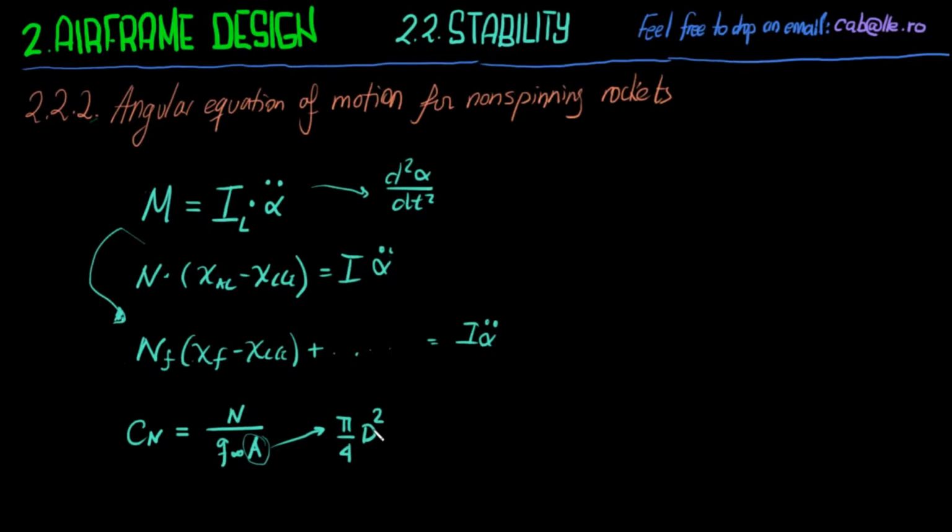So D is the diameter of the rocket, and A is the cross-section of our rocket.